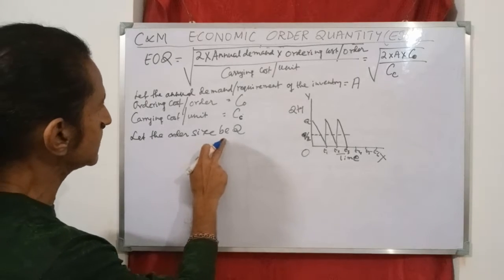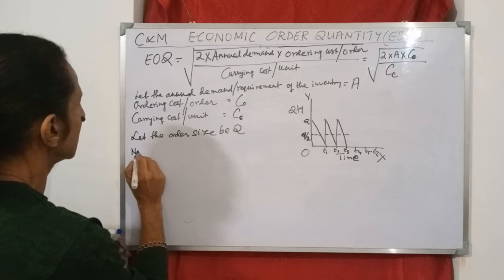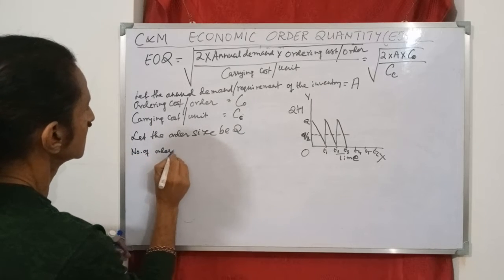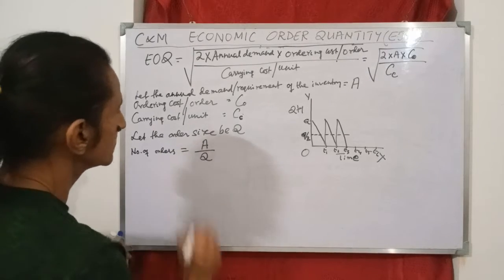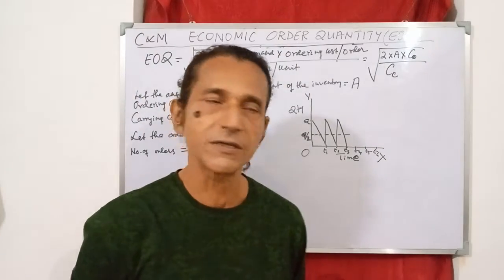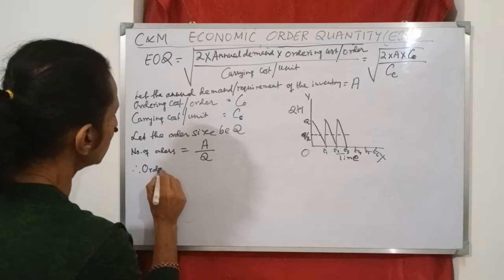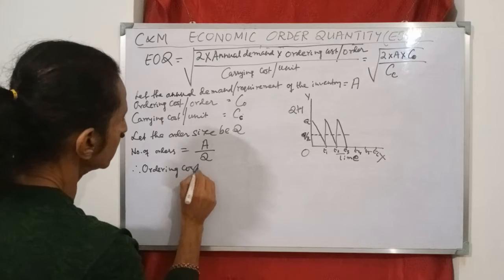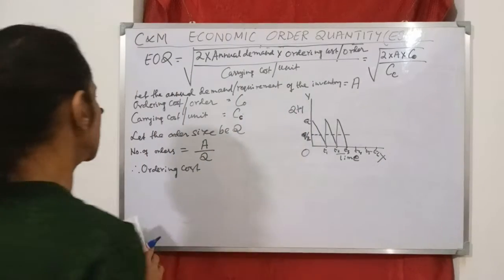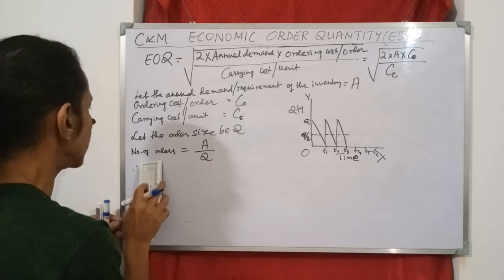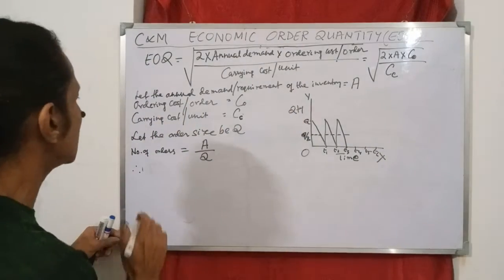Now, since the order size is Q and the annual requirement is A, certainly the number of orders will be A by Q. Therefore, ordering cost annually: C sub O is the ordering cost per order, and A by Q is the number of orders.